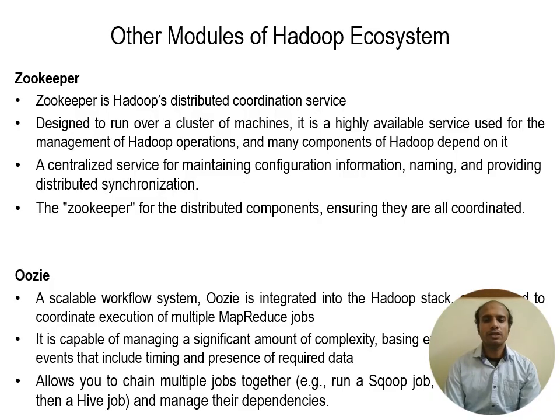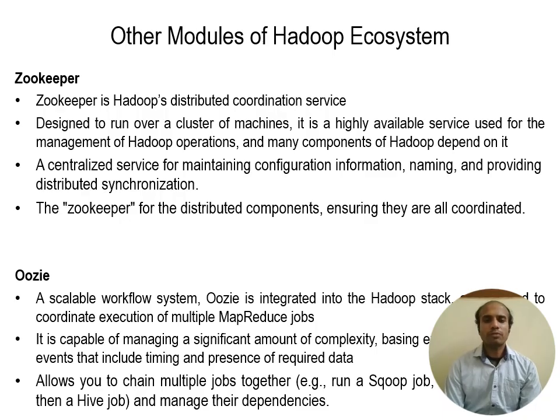It is a highly available service used for the management of Hadoop operations, and many components of Hadoop depend on it. A centralized service for maintaining configuration information, naming and providing distributed synchronization. Zookeeper is for the distributed components, ensuring they are all coordinated.